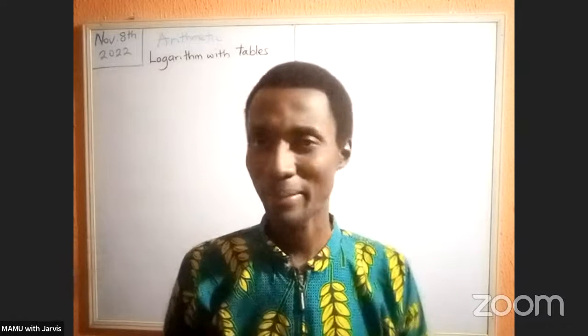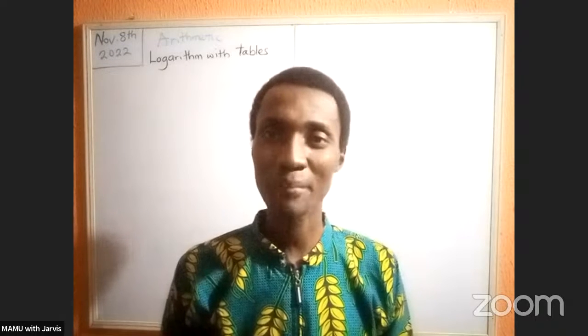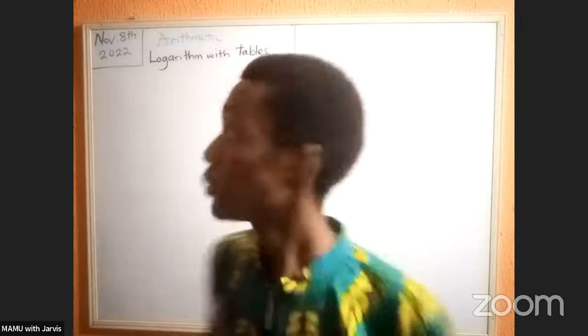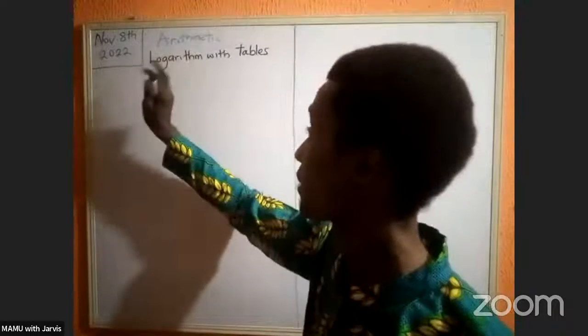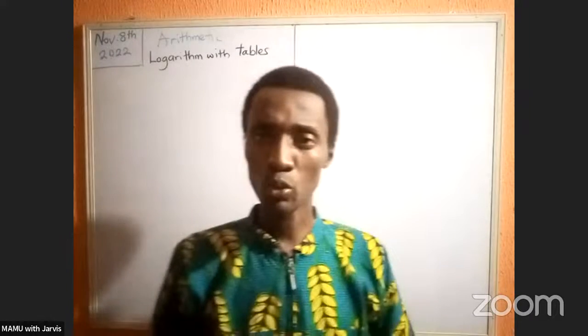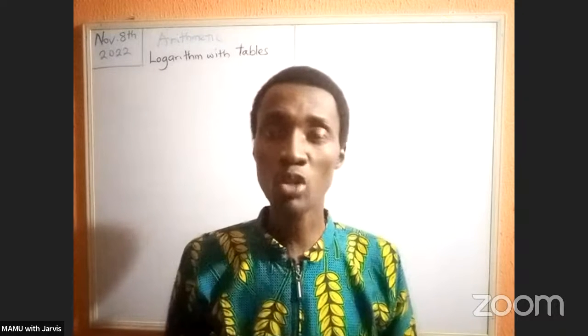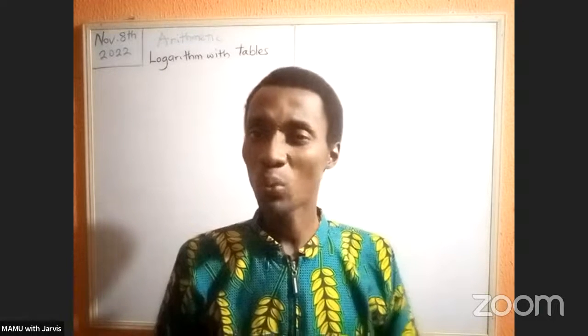We're going into the end of the second week, and we are waxing stronger and better by the day. Today, we'll be looking at arithmetic in the matter of logarithm with tables. You remember that in the course of this series, we've treated logarithm without tables. So today, we will focus on logarithm with tables.